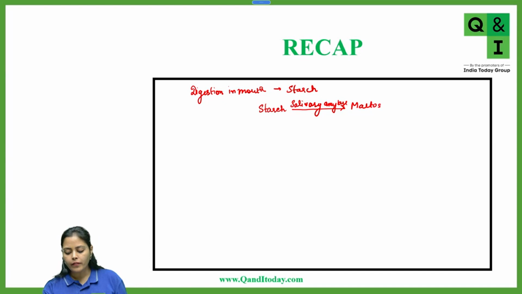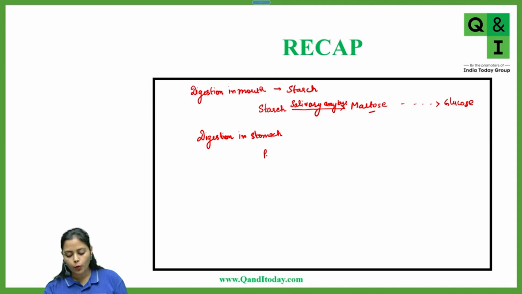Okay. However, if you could recall my previous class, I had told you that finally the starch needs to be converted into glucose. So till now there is only partial digestion of starch, not full digestion of starch had taken place. Then we move to digestion in stomach. In stomach, digestion of mostly two things takes place.